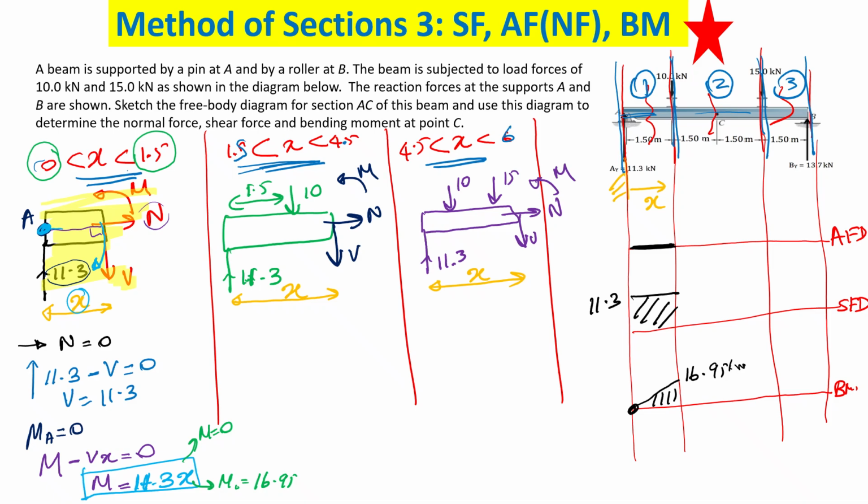If you consider all the forces in the upward direction, you have 11.3 minus 10. Why the minus 10? Because it's going down. Look at the direction, positive upward, and this is also down, so negative. V is equal to 0. Makes sense? So what is your V in this case? 1.3 kilonewtons. Okay. Now find me the M.